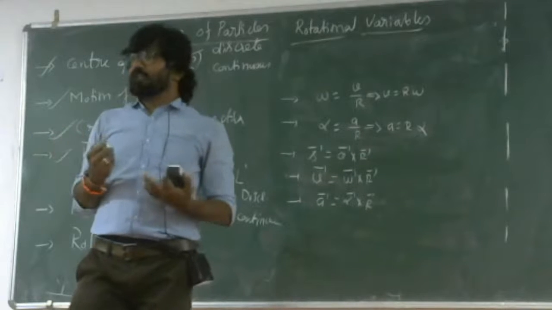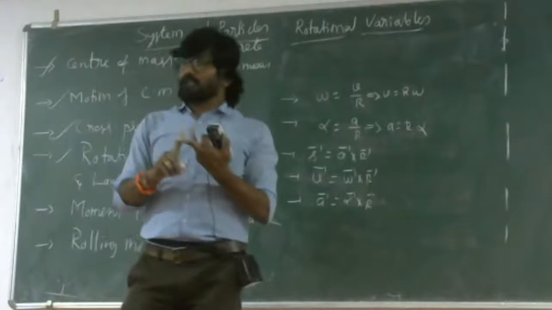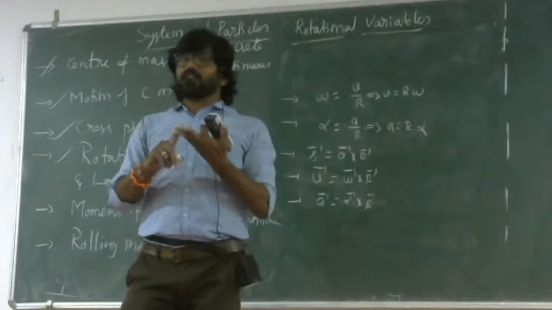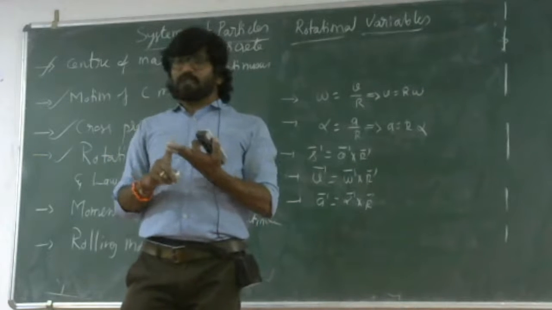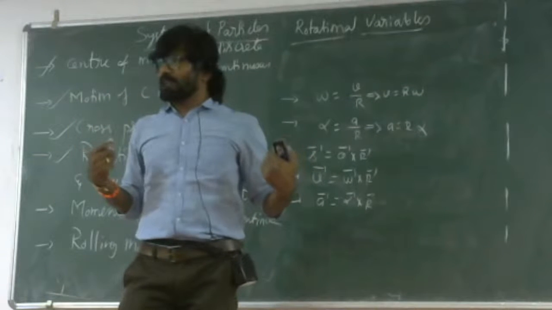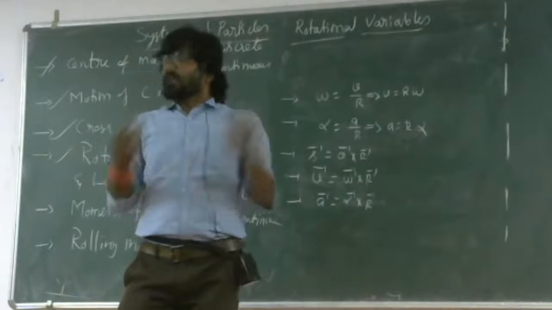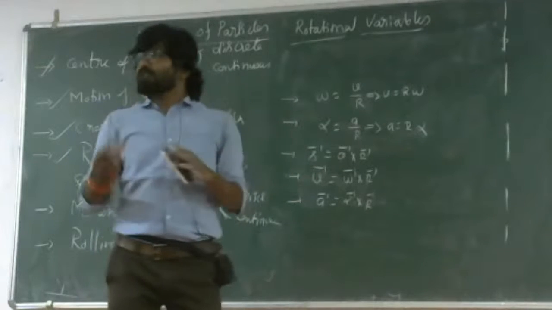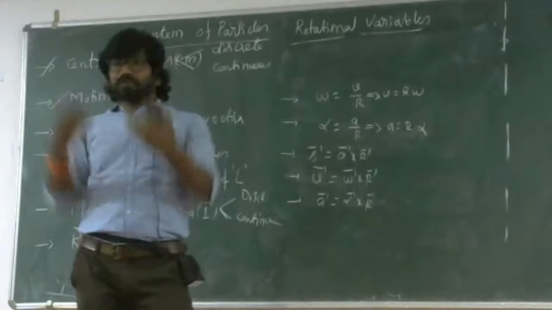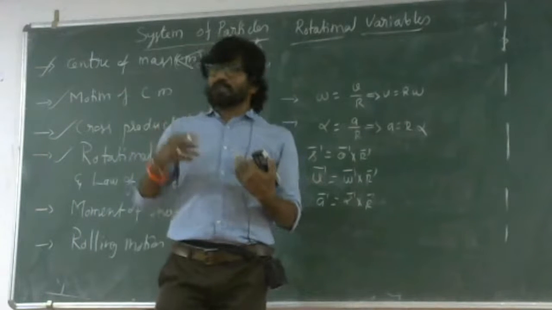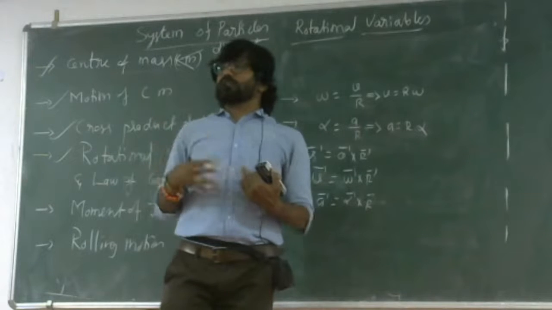In that chapter, we discussed linear momentum and then Newton's second law of motion, from which I got the expression for force. Same parameters I have to recollect here. Momentum is mass into velocity, force is mass into acceleration. Here, rotational analog variables have to be taken to express the rotational force called torque.